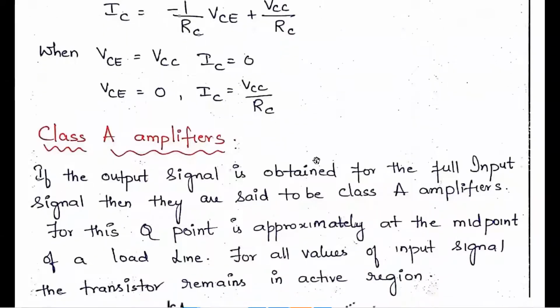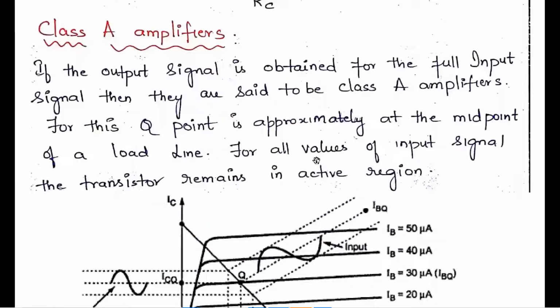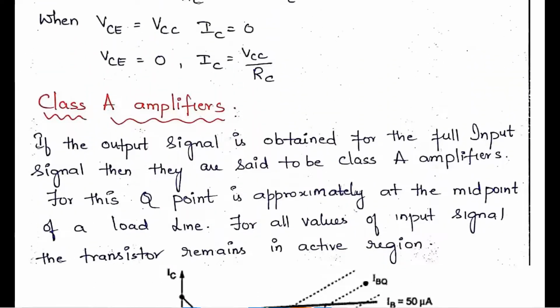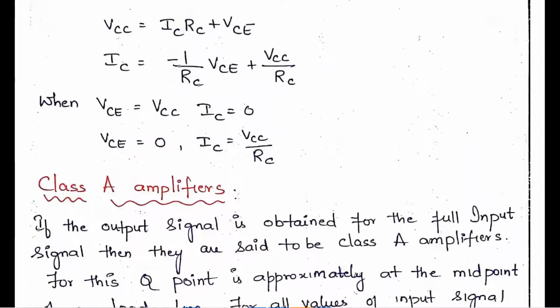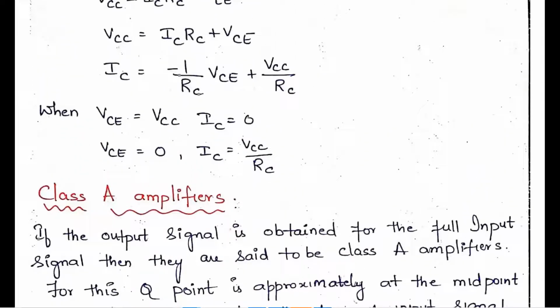When the IB changes, I told you IC changes with a larger magnitude. A small change in IB provides a large change in IC. So when you give an input signal IB, the IC changes.